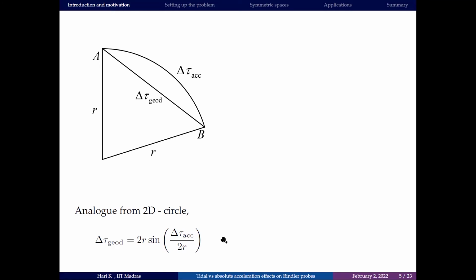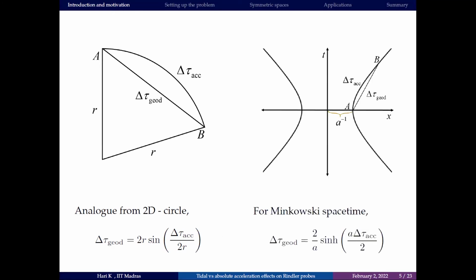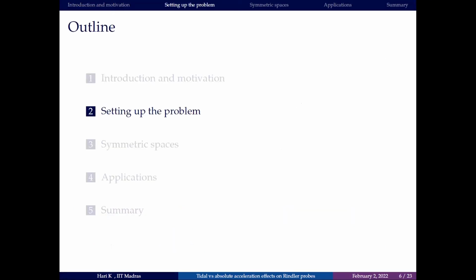Similarly, in Minkowski spacetime, constantly accelerated Rindler observers have the same feature, and we obtain the same equation. Comparing with the ordinary Euclidean equation, the sine is replaced by sine hyperbolic and the constant radius is replaced by constant acceleration. So this is the geometrical setup and the motivation, and we will try to set up this problem in a curved spacetime.